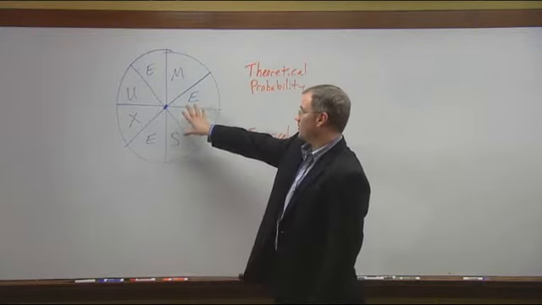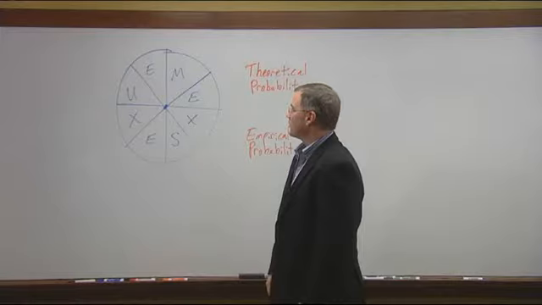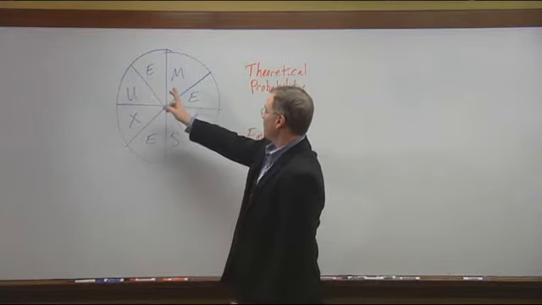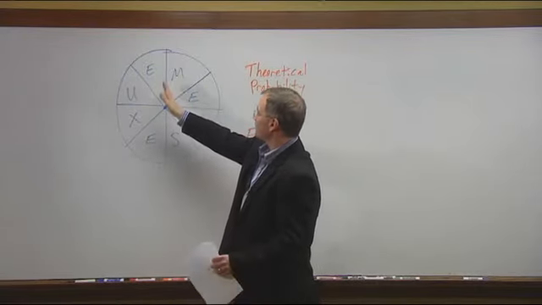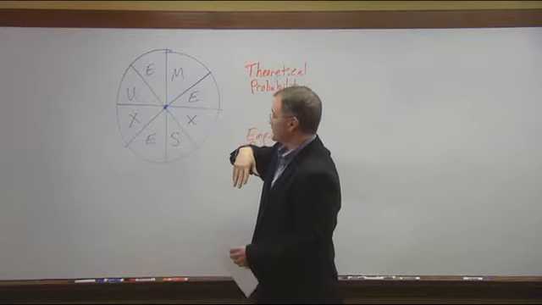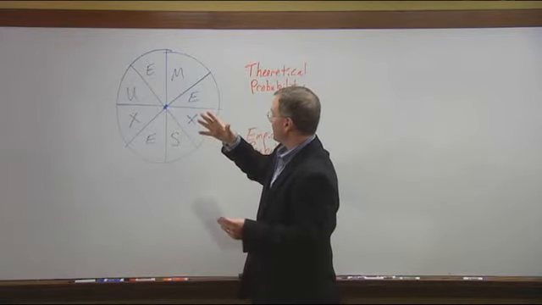So here's the spinner. And in this spinner, we could ask ourselves, what's the likelihood that he would get an E?